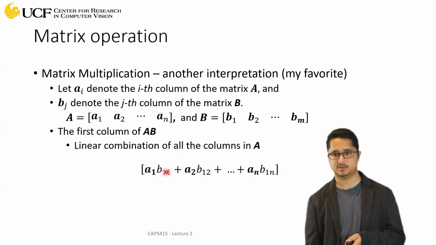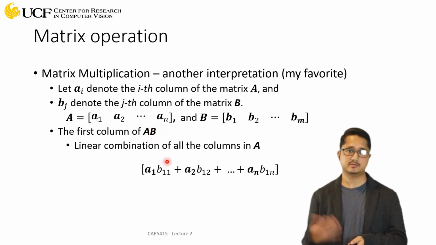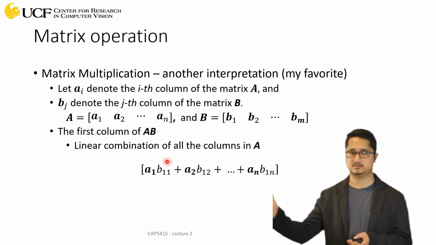And at the end, we just add those. Okay, so this is A1 times B11. This B11 is coming from the first element of this column. And this is going to be the first column of this matrix when A is multiplied with B. And similarly, you can get the rest of the columns.